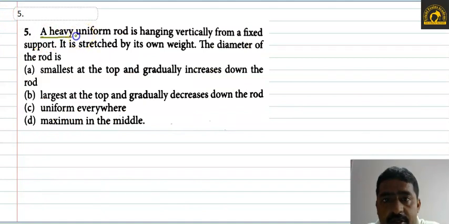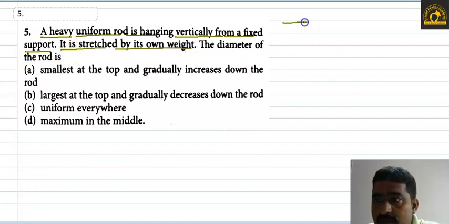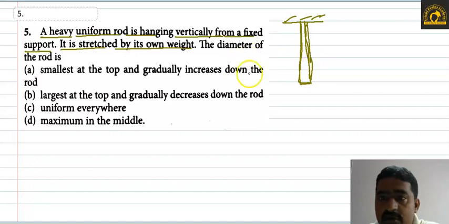A heavy uniform rod hanging vertically from a fixed support is stretched by its own weight. This is a heavy rod, and its own weight is W equal to mg.